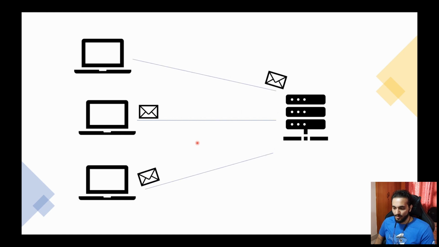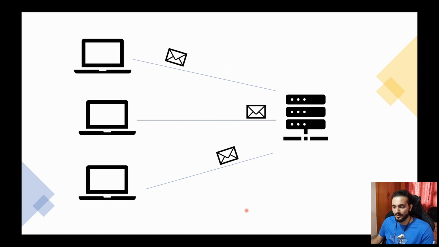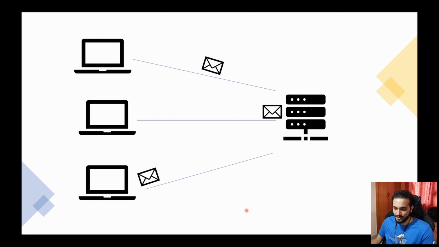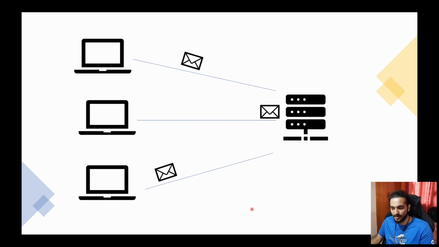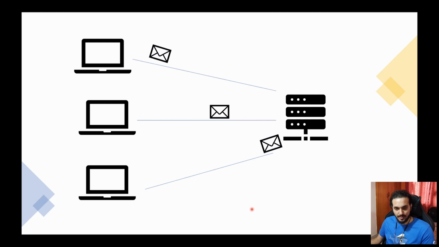Okay, so now let's start assuming that your website is getting popular. You've built one of these corona tracking websites and it's catching a lot of traffic now. A lot of clients have started accessing it, so you get a lot of requests, right? And your server is expected to process the request and send out a response to the clients.